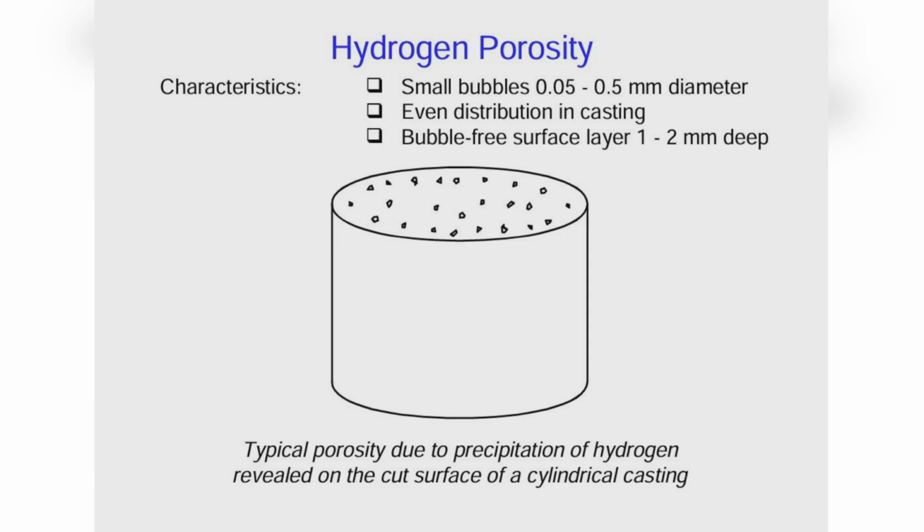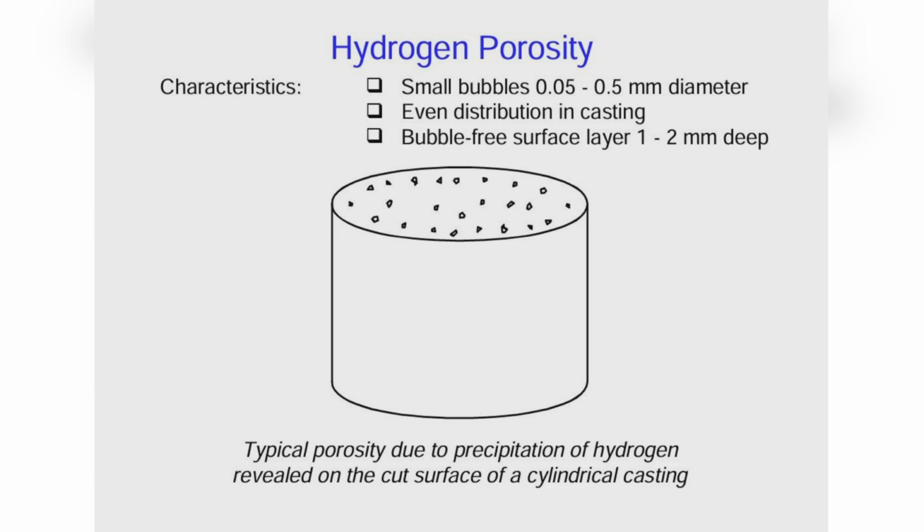The bubbles are distributed uniformly throughout the casting, with the exception of a bubble-free surface layer about 2.2 mm deep. The figure shows a typical example of hydrogen bubbles in a simple aluminum casting and emphasizes the size and distribution characteristics.